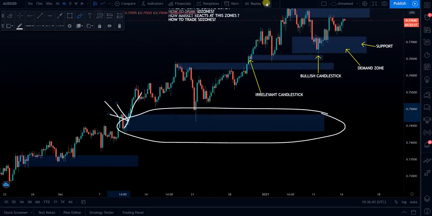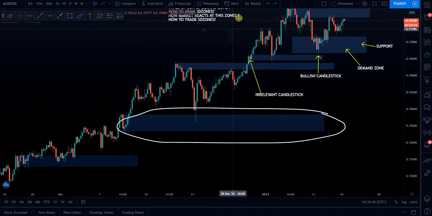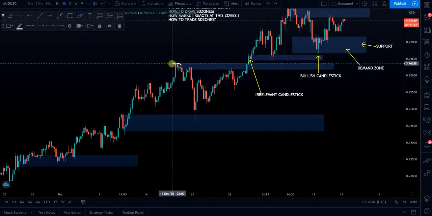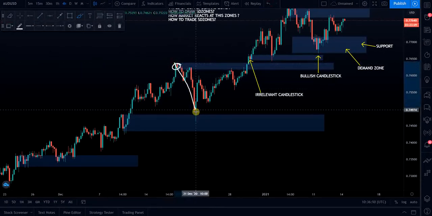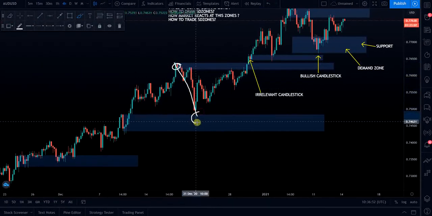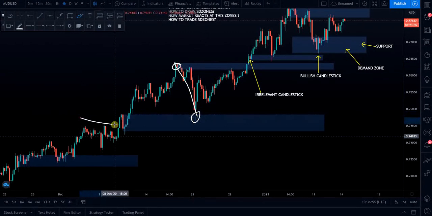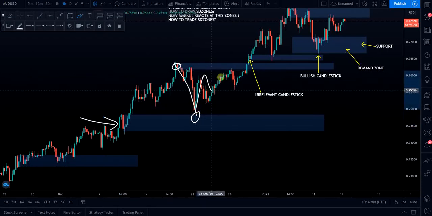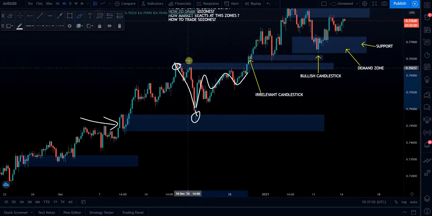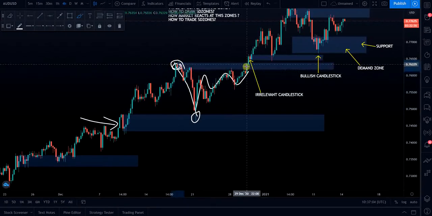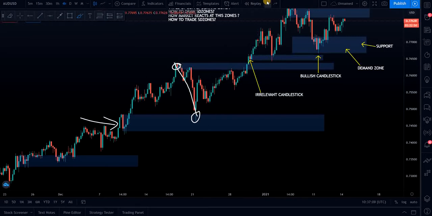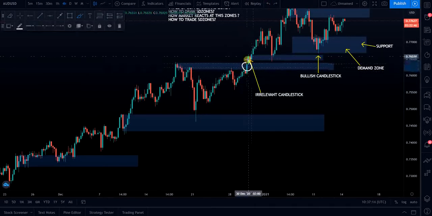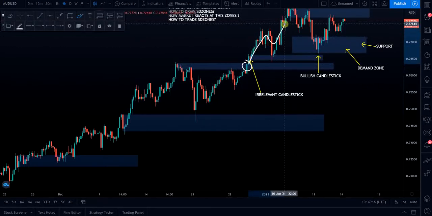You can see that after continuation of a bullish trend, the market got rejected at this level and came down, pulled back, but got good support with the help of this irrelevant candle supply demand zone, and again continuation of a bullish trend. Again it got rejected at this level one and two times, but here buyers are very strong. That's why this supply demand zone got broken and the bullish trend continued.